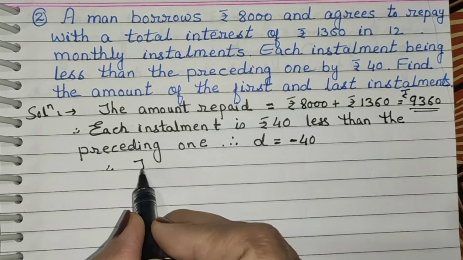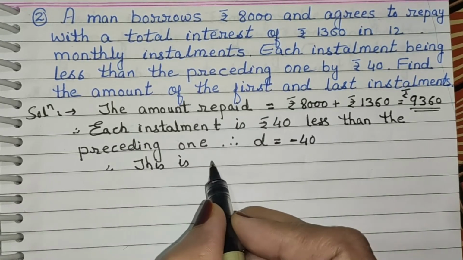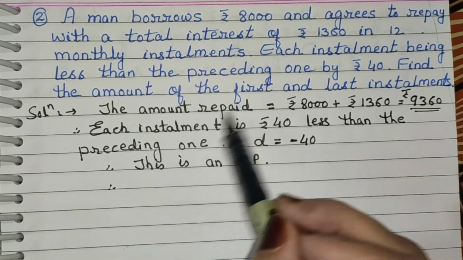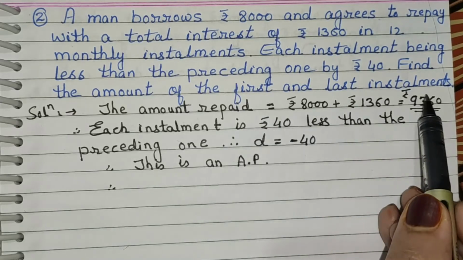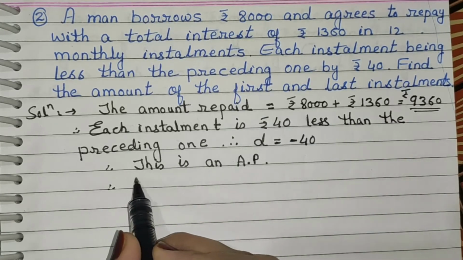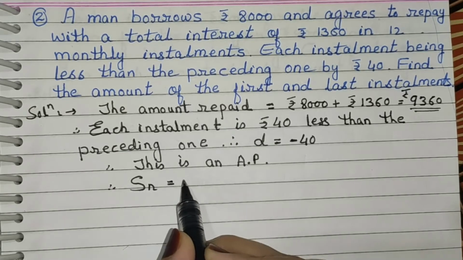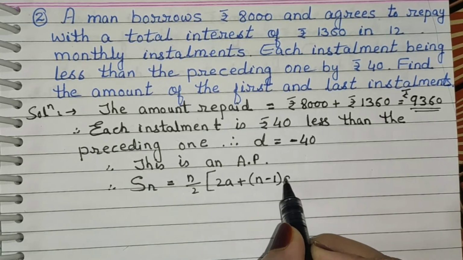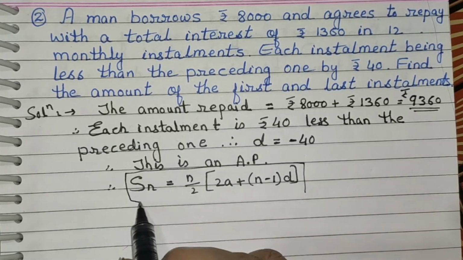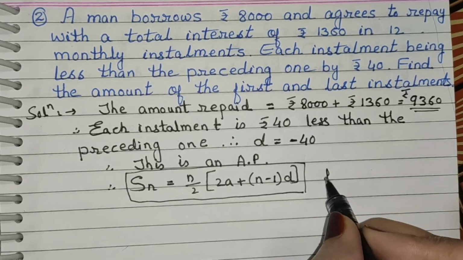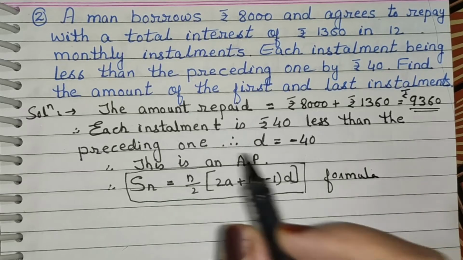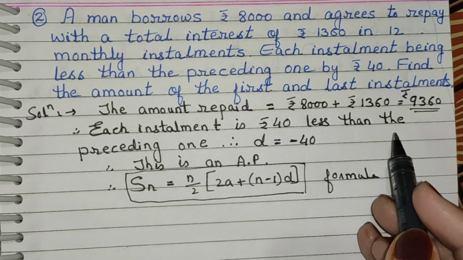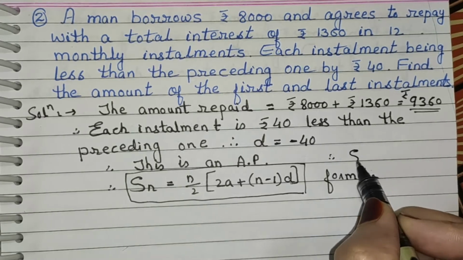Now, this is an AP. Therefore, find the amount of the first and last installment by using formula Sn is equal to n by 2, 2a plus n minus 1 into d. Now the total repaid amount is 9,360. It is the value of S12.